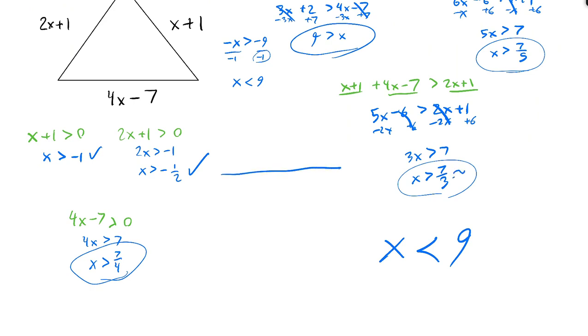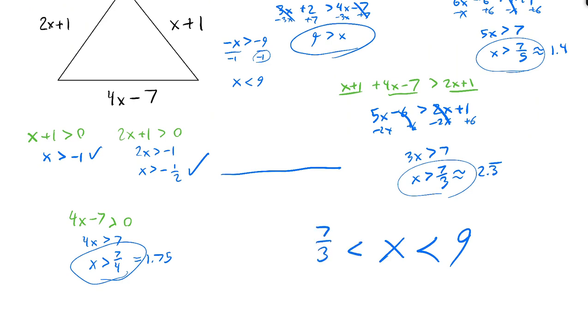This is around 2.3 repeating. This is exactly 1.4, and this is exactly 1.75. So if you divide 7 into 5 pieces, it's small. Divide 7 into 4 pieces, it's less small. And divide 7 into 3, it's bigger. So it has to be bigger than 7/3.